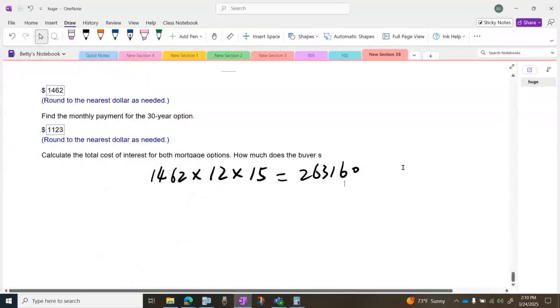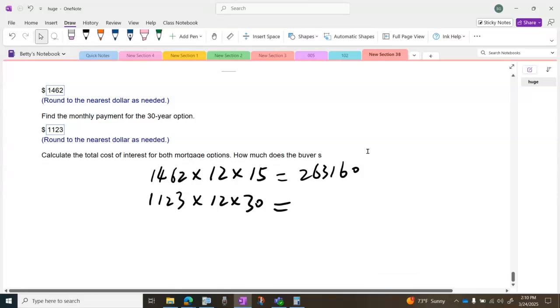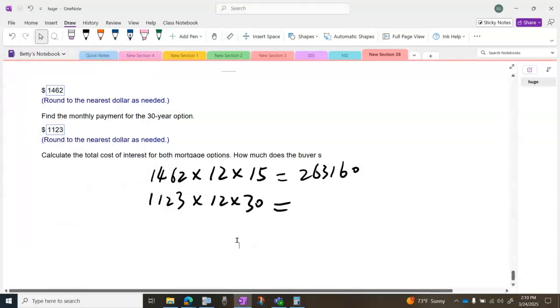And for the 30-year payment option, every month you pay 1,123 times 12 times 30. That is $404,280.